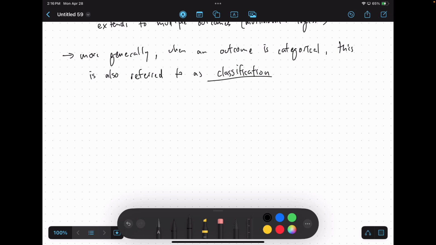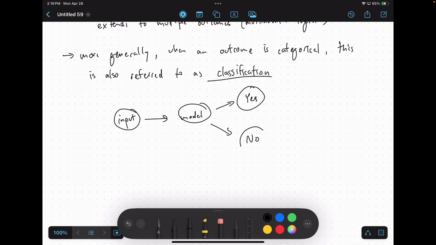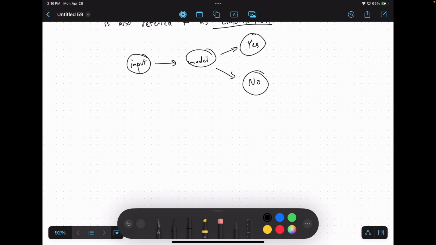Okay, and so really we think about something like some input going into our model, and you might have a yes or no outcome, right? And so, in, let's say, the transportation field that I work in, you might have a question of, do I want to buy a car?